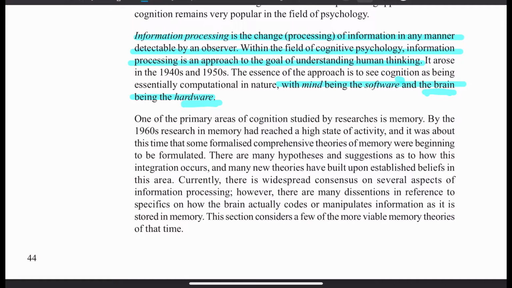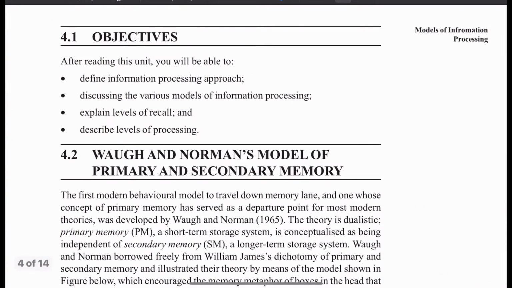They have formulated different models to understand how we do information processing. There are big differences also, as people see information processing in different ways. So what are these different models that we are going to discuss in this chapter?